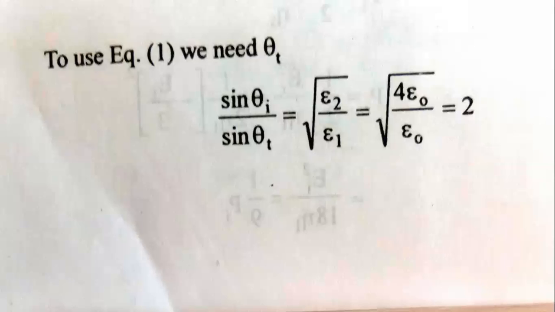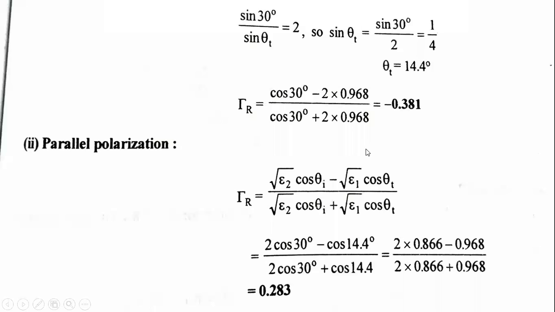Now come towards the equation sine theta I divided by sine theta t is equal to root of epsilon 2 divided by epsilon 1, which is the root of 4 epsilon 0 divided by epsilon 0. Epsilon 0 will cancel out. Root 4 will be 2. So sine 30 degrees divided by sine theta t is equal to 2.